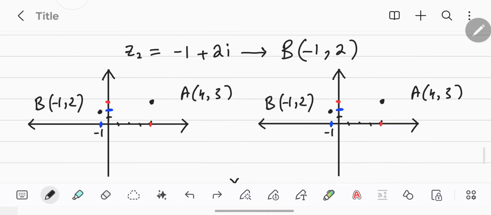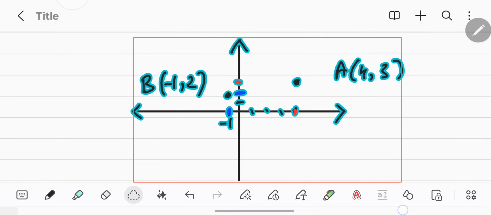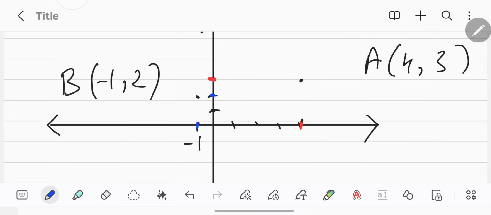Okay, and now we can zoom it out a little bit. After zooming out, this is point A, right? So I need OA. In order to draw OA, I will join this point with the origin. This is the origin, so I will join it.